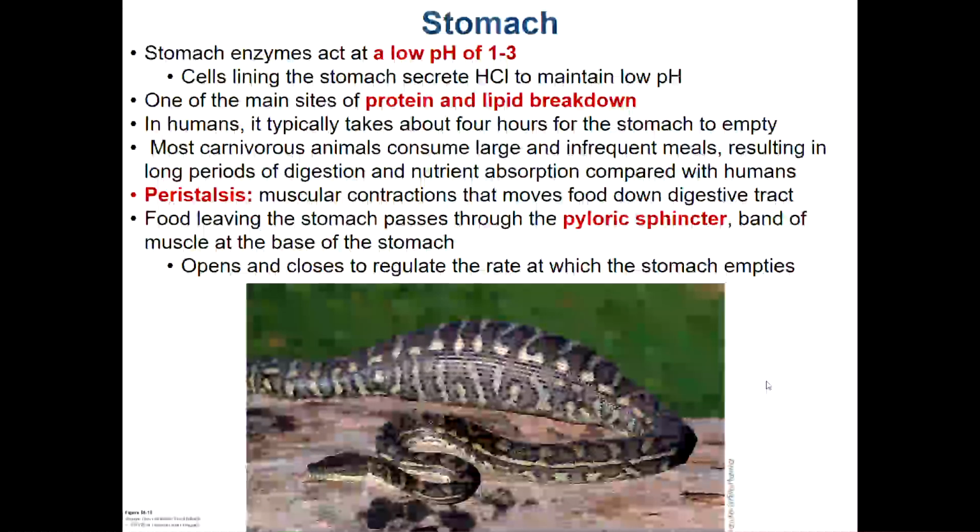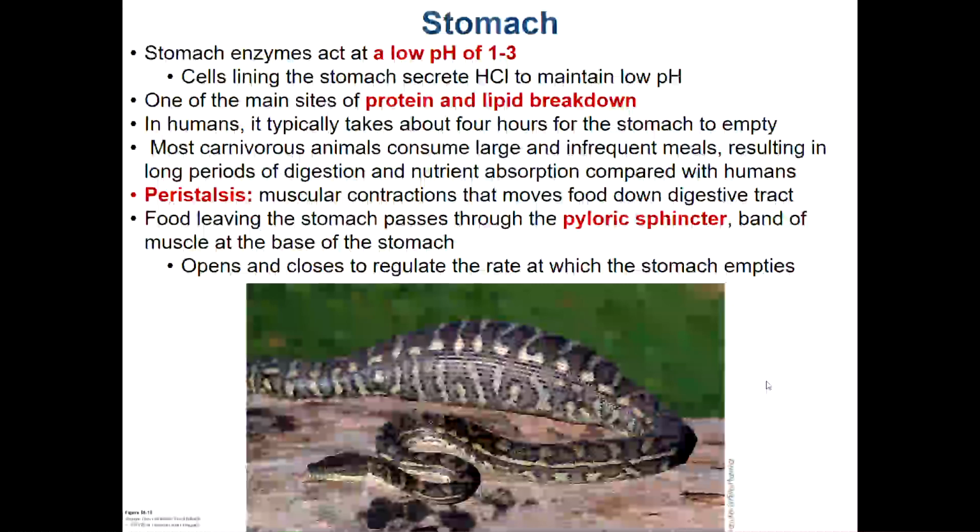The stomach is one of the main sites of protein and lipid breakdown. In humans, it typically takes about 4 hours for the stomach to empty. Most carnivorous animals consume large and infrequent meals, which results in long periods of digestion and nutrient absorption compared to other animals.